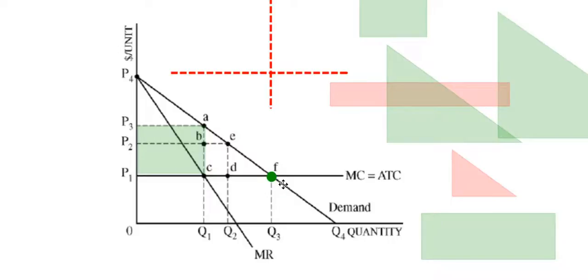So if they were going to produce at the allocatively efficient point, it would be point F. So the difference between their profit and where they would have produced is the deadweight loss. So that's going to be triangle ACF. Okay? Now that takes care of part A.